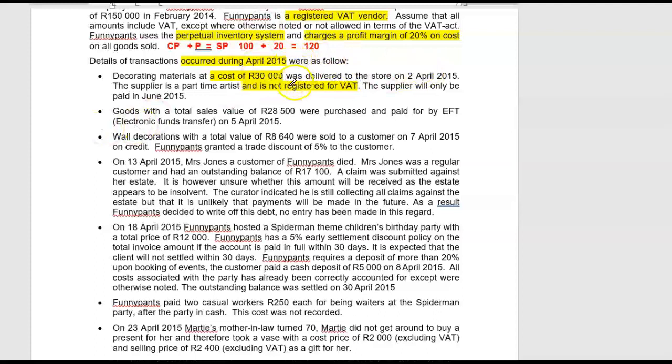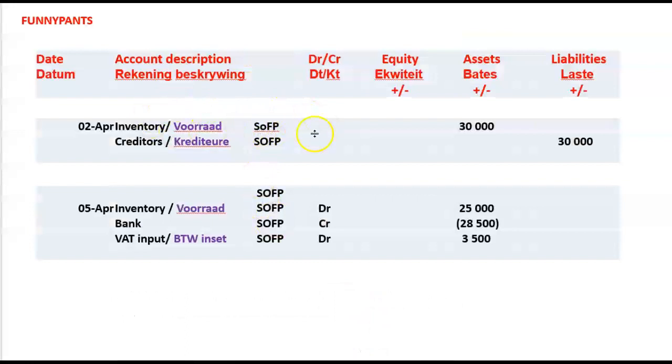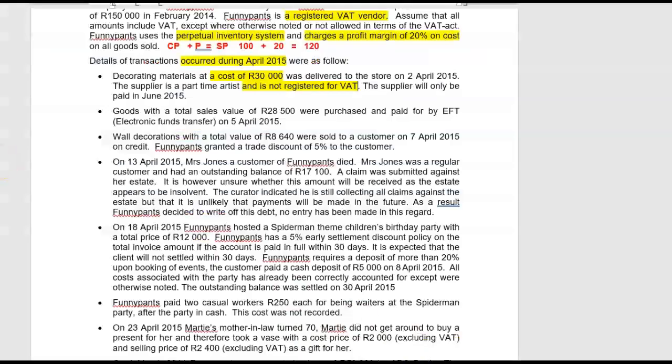This guy is not registered for VAT, so he cannot issue a VAT invoice. Therefore, the full 30,000 will be posted to our inventory account. So we will debit our inventory, statement of financial position, which will increase assets with 30,000, and creditors, we haven't paid him as yet. Creditors, liabilities, will be credited, so it's an increase in liabilities of 30,000.